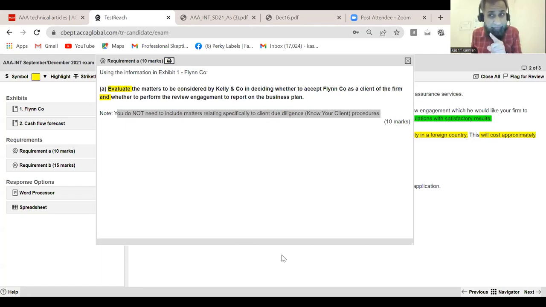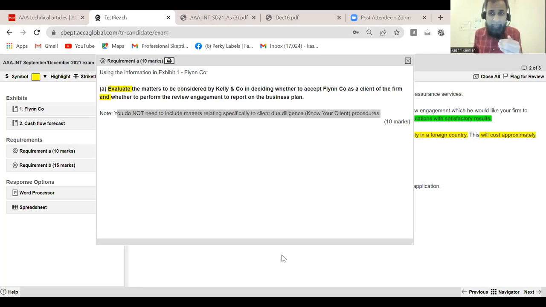But what exactly is the definition of KYC, right? It only includes money laundering, number one, and it only includes correspondence with the previous auditor. Nothing else. So can we test the integrity of the client? Yes, because there can be many other factors of client integrity minus money laundering. The examiner is saying KYC procedures, which are only money laundering procedures, right?